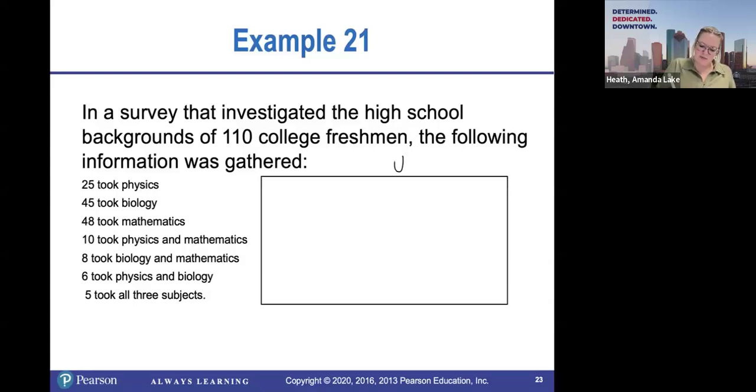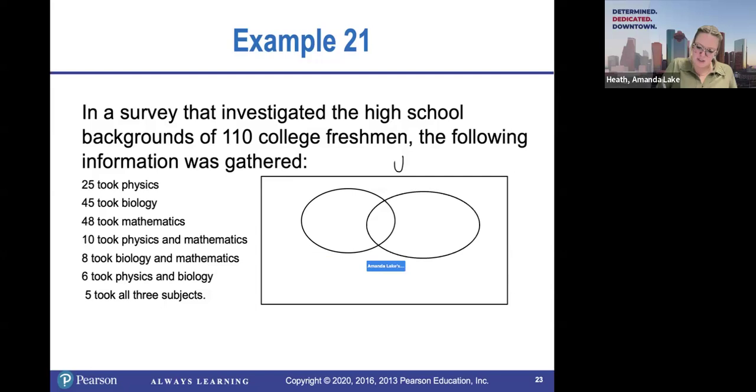So I've got three different sets I'm looking at inside of my universal set. So let me write that out. It'll be physics, I'll call that P, biology, and math.